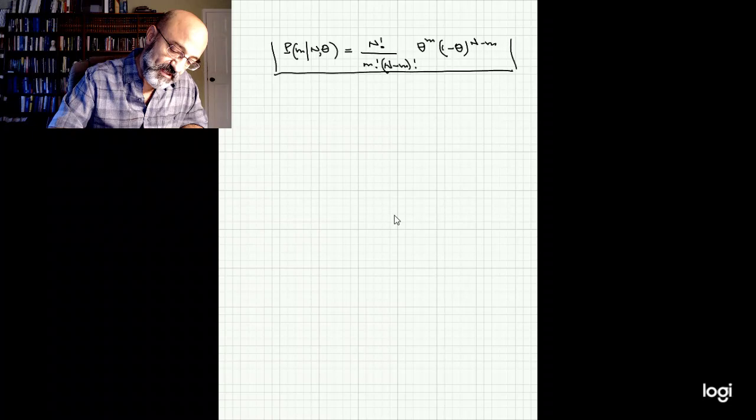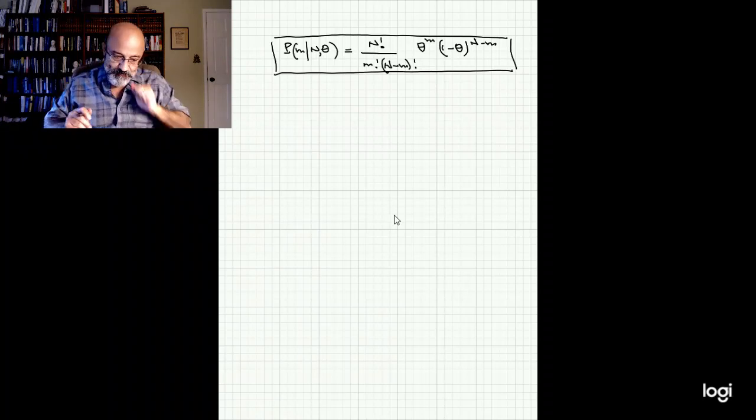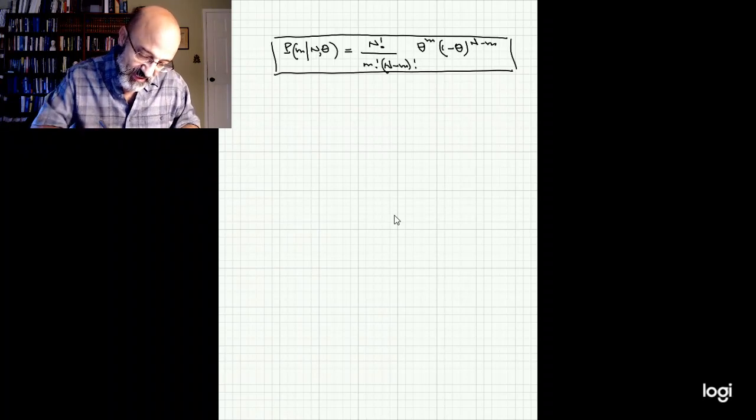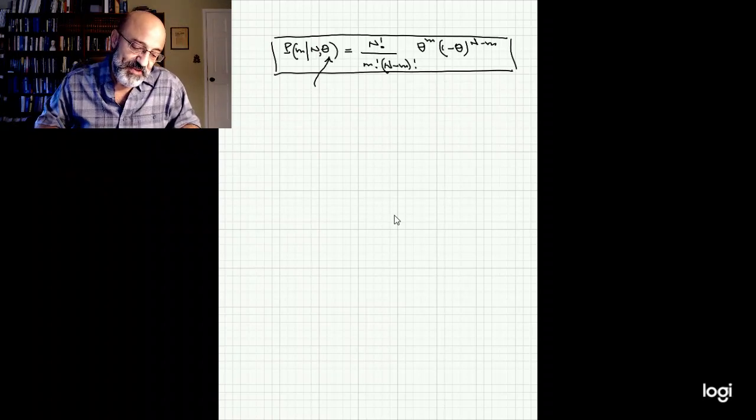Very good. So now that we have the probability, what do we do with it? First remark. The number theta plays two roles.